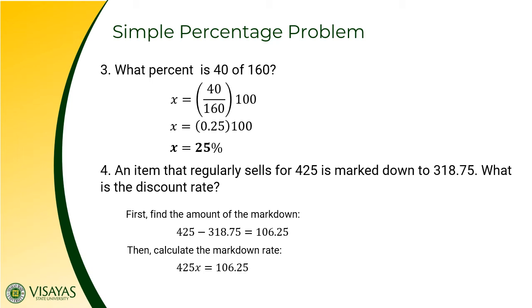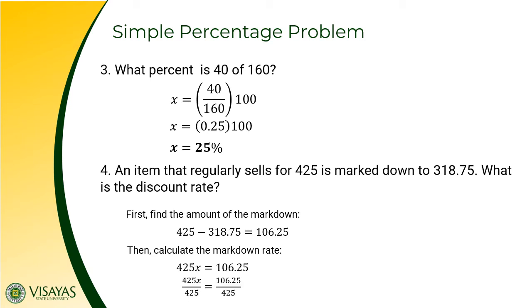Pag i-multiply natin sa original price na 425, yung kalalabasan niya is 106.25, which is the amount of the markdown. That is why yung equation natin is 425 times x, or times the markdown rate, and that is equal to 106.25. Okay? And we have here a simple linear equation, and to find the value of x, we are going to divide both sides by 425.